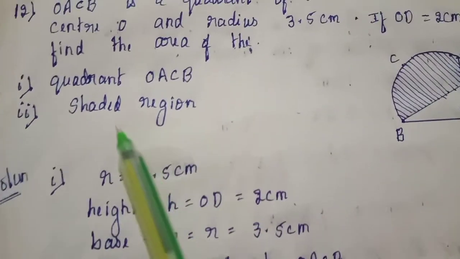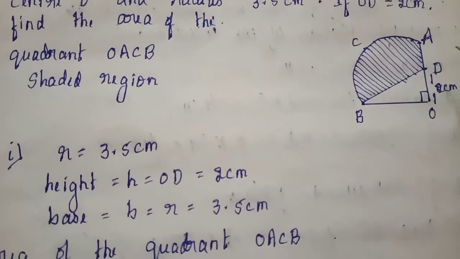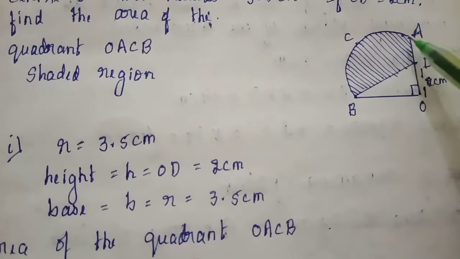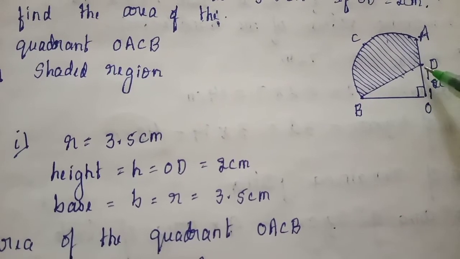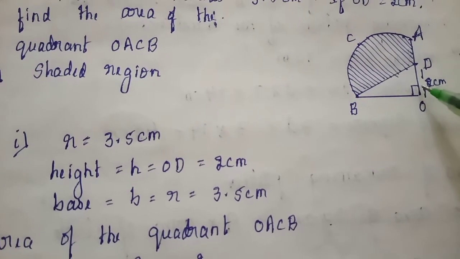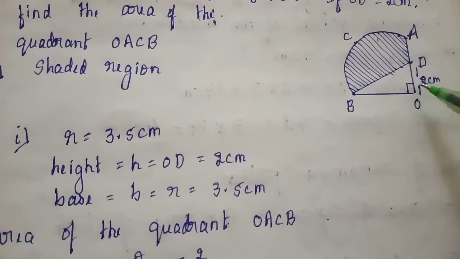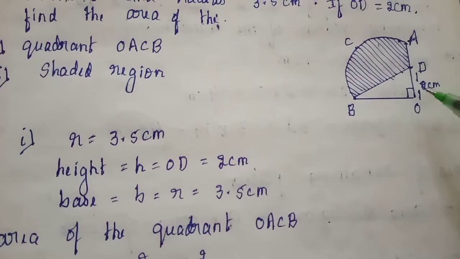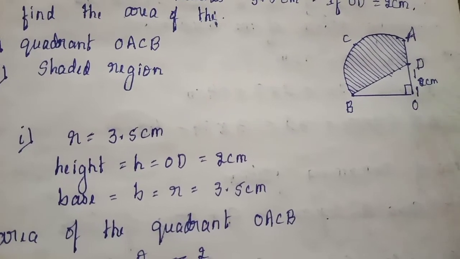And what is the second sub question? Find the area of shaded region. You can observe, to find the shaded region here, I should find area of quadrant minus area of triangle. What type of triangle do you have? It is a right angled triangle, because it is 90 degree given here. Because it is not mentioned in the question, it is understood that for a quadrant the angle is 90.